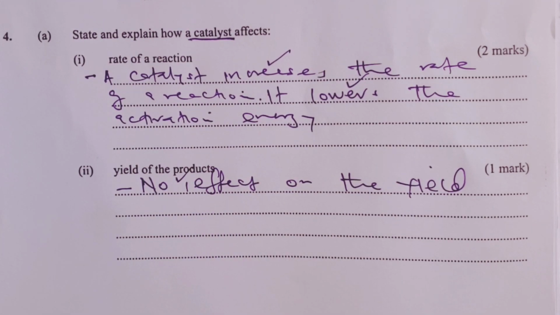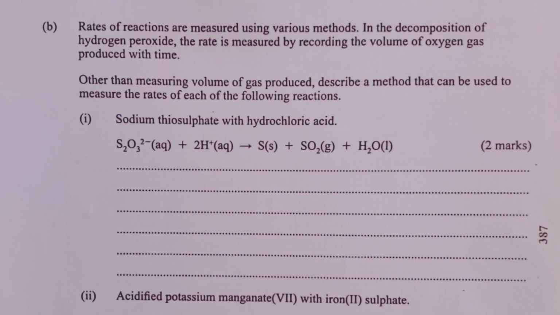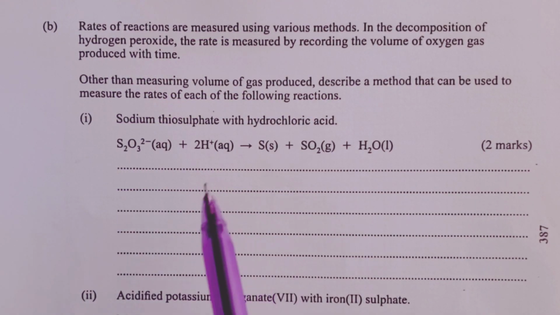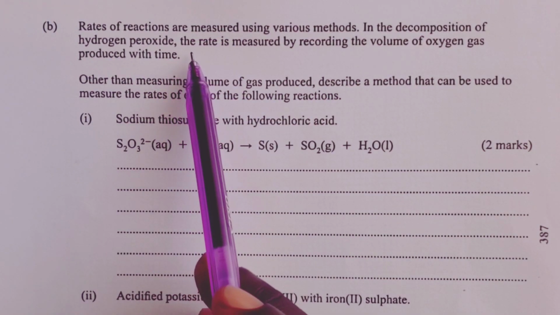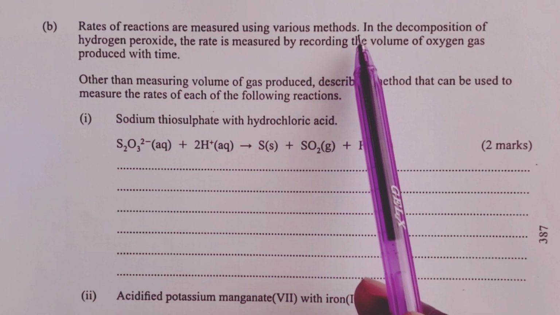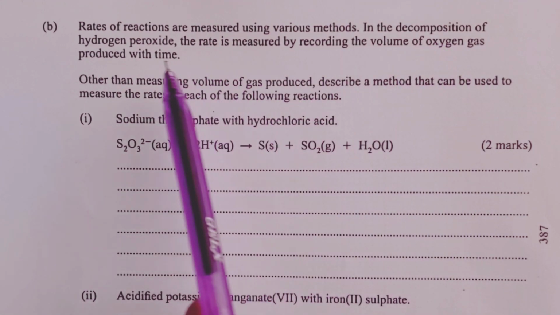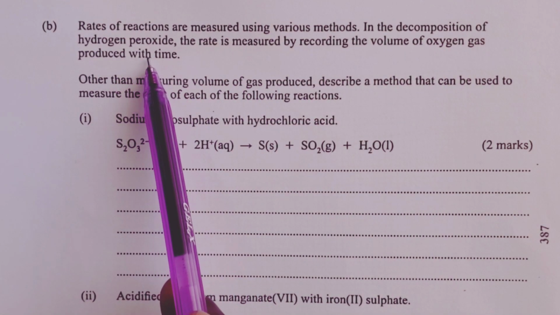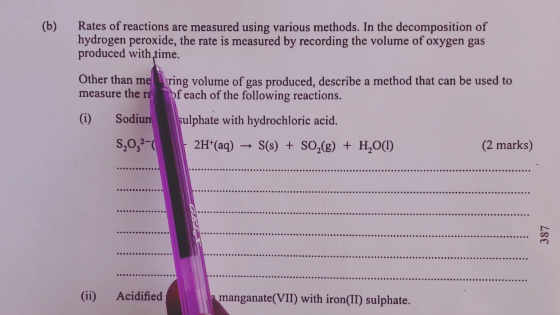We proceed to question 4, part B. Rates of reactions are measured using various methods. In the decomposition of hydrogen peroxide, of course, we shall obtain oxygen gas.